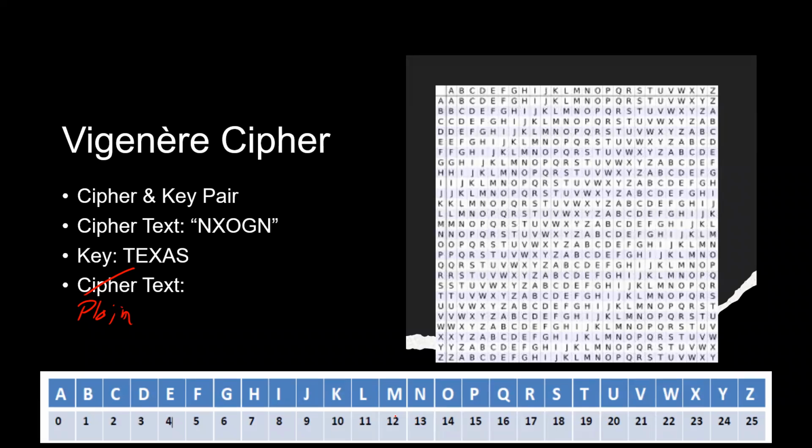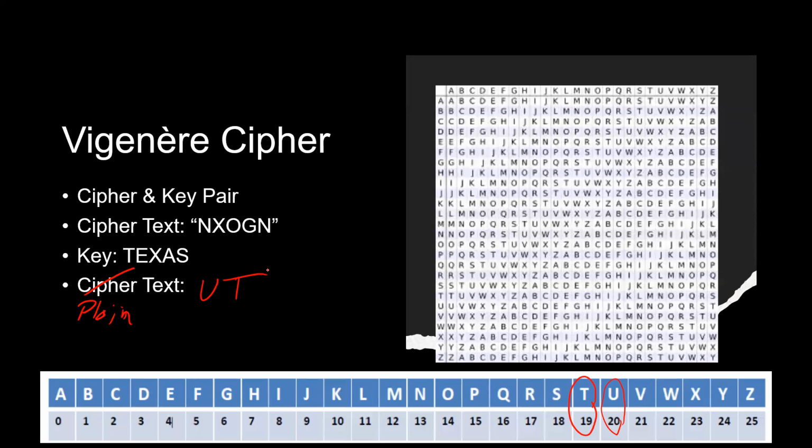So that's 19. So we'll go left. 18, 19. So first one is U, and then X. We'll do E, so that's 4. So it's 1, 2, 3, 4.